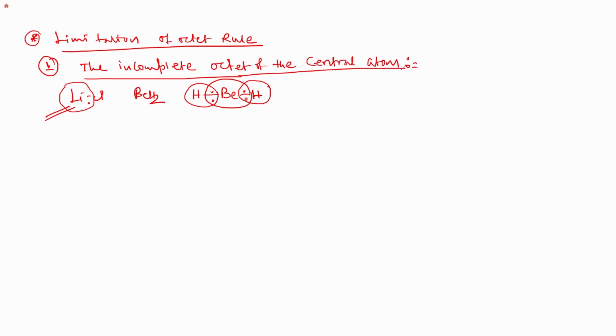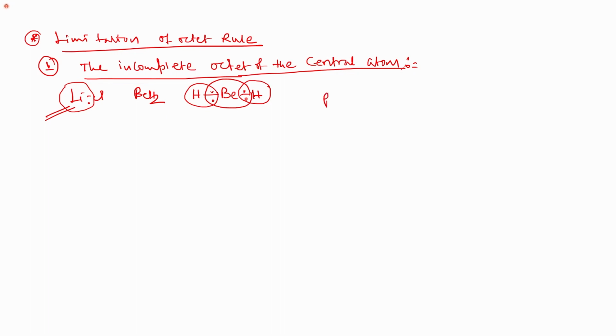These are stable molecules that exist in nature, in chemistry, but the point is that they exist without obeying the octet rule. It does not have 8 electrons in the valence shell. So this is one type of drawback.